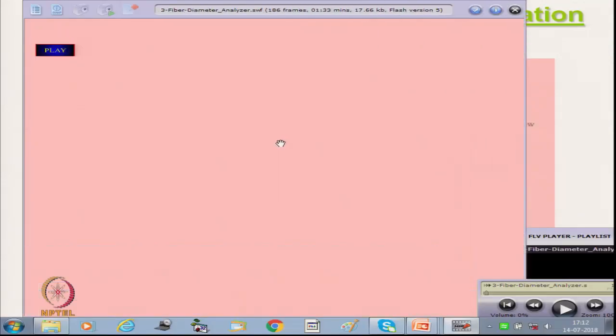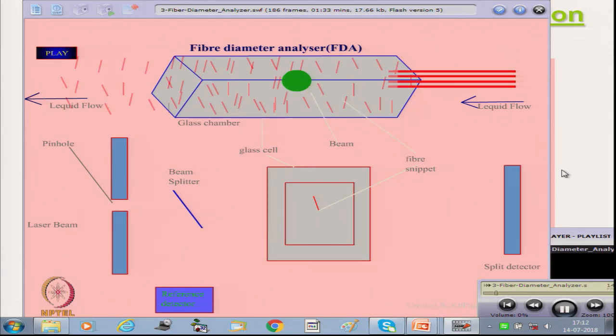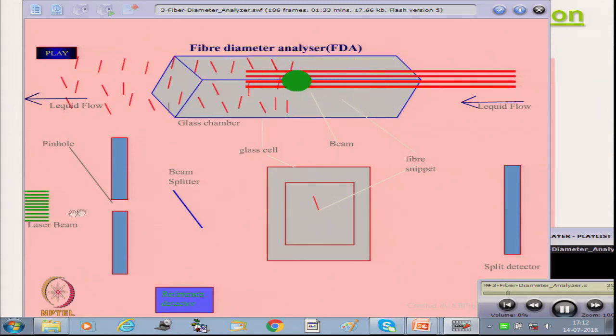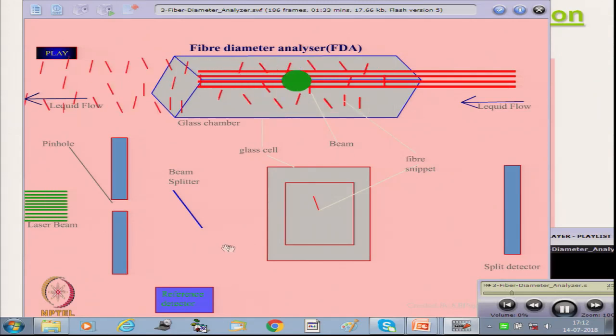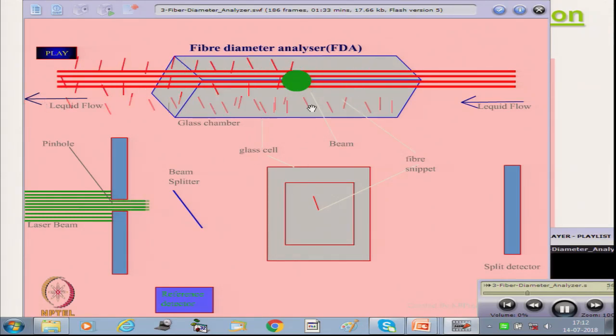Now, you can see here these are the fibers with the slurry, moving. The light beam is passing through, the same light, and the beam splitter is splitting it into two parts.